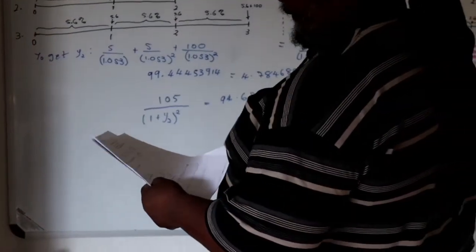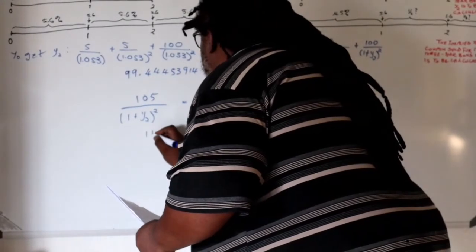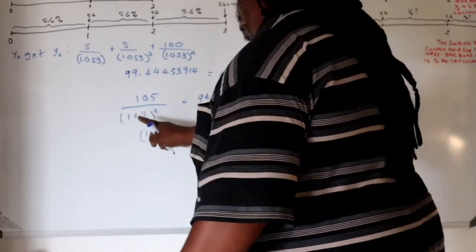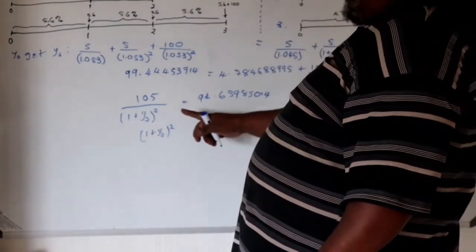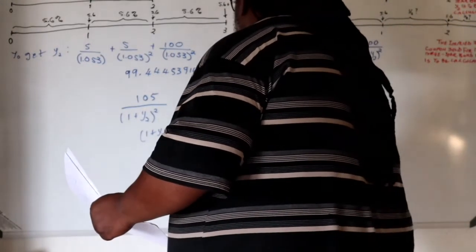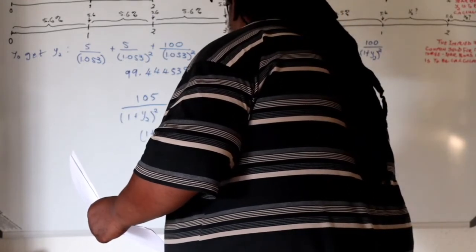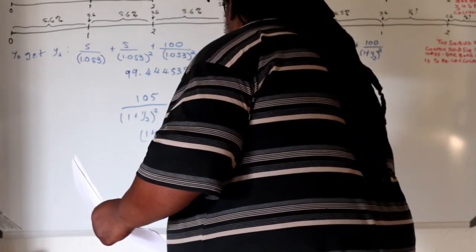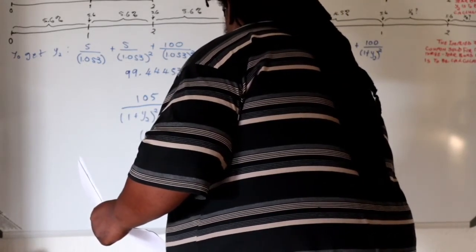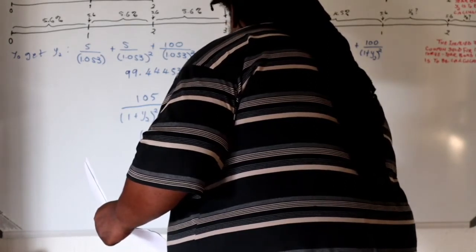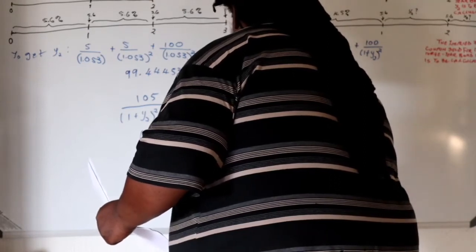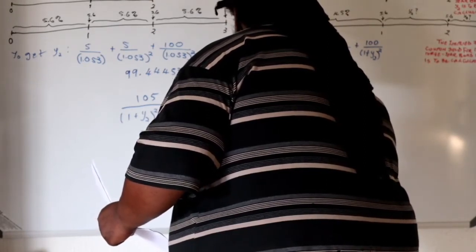Then from there you have the 1 plus y2 squared. Basically this comes this side and that comes this side, divides this, multiplies. So you have that equals 105 over 94.6598504.